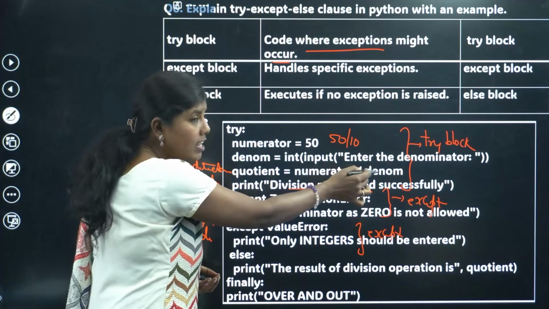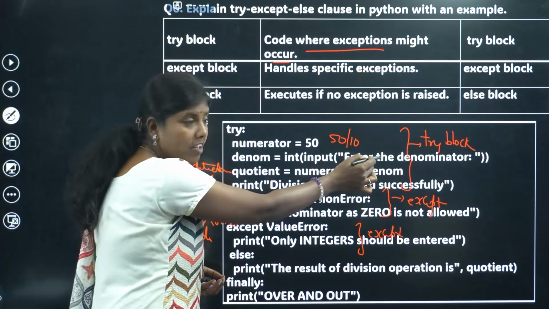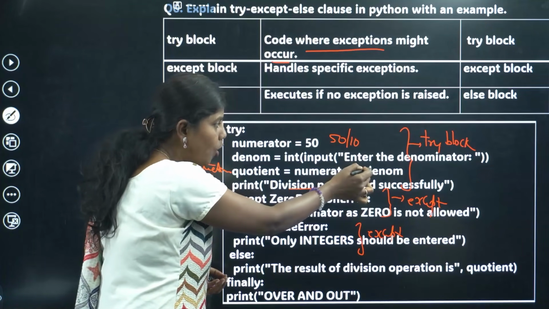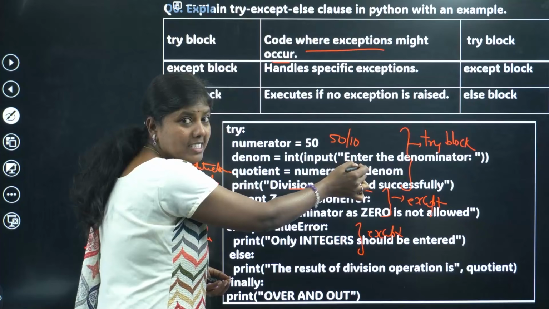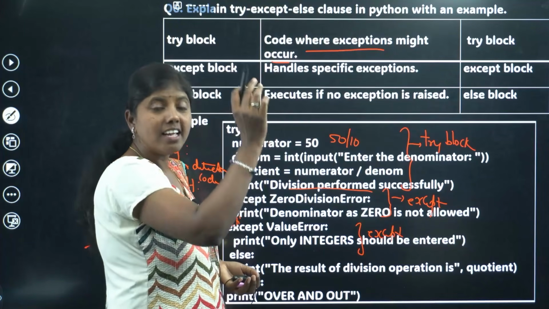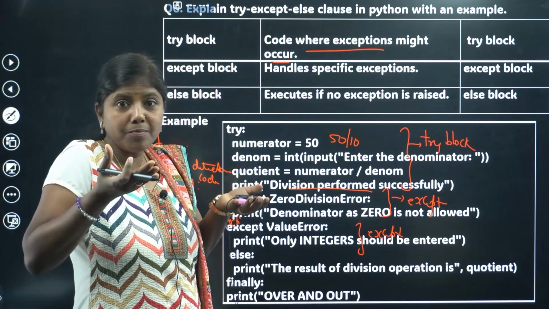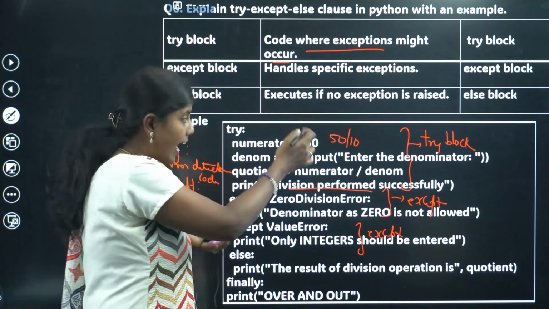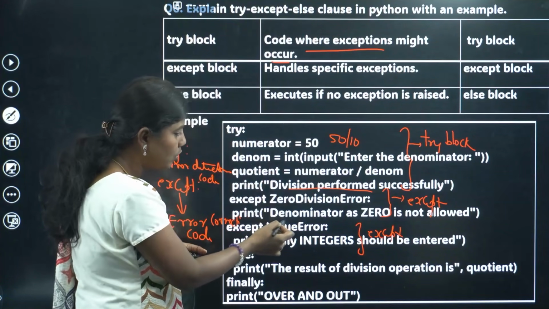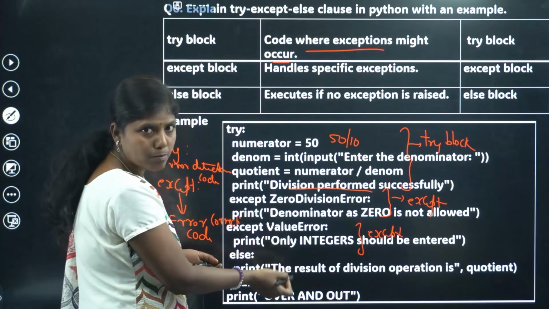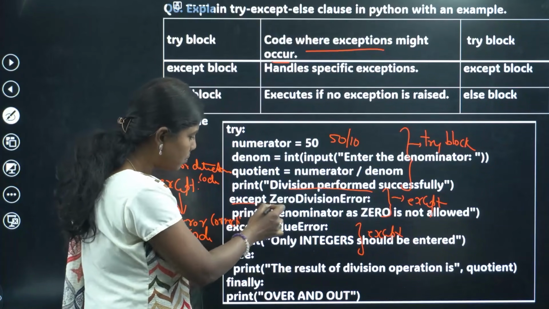If the denominator is 0, at that time an error is raised. Exception is raised, and then it will be handed over to the corresponding except block. Corresponding in this block or this block.